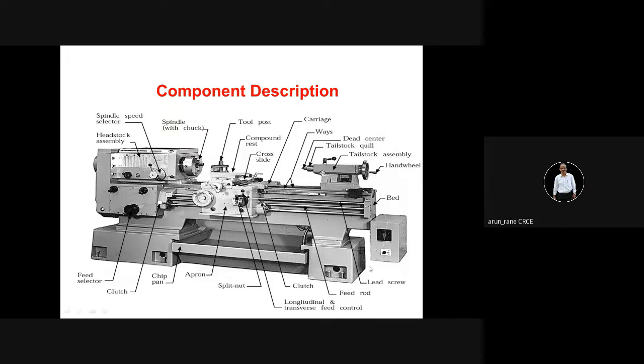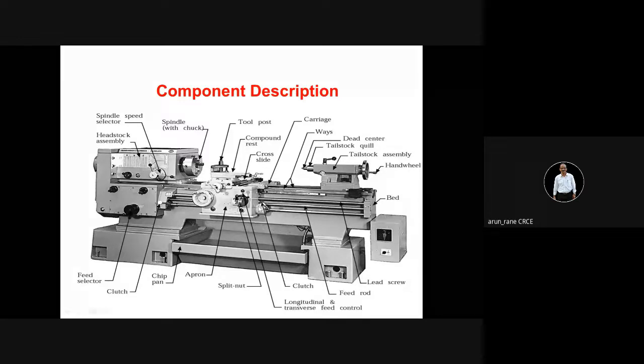This device is a power supply unit, generally called a voltage stabilizer, which is not commonly used for conventional lathes, but it is a must with CNC, because in CNC there are a lot of electronic components. Here there are not, and electronic components are sensitive to voltage.